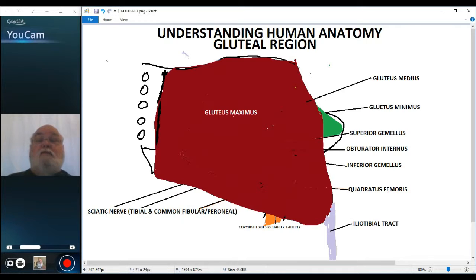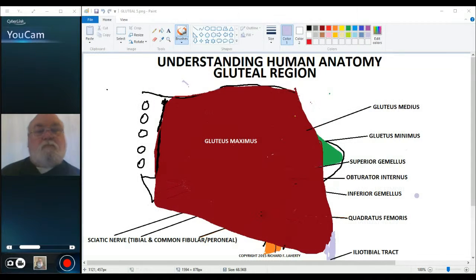And the gluteus maximus is a very strong extensor of the hip. It is a relatively weak abductor. Now, the iliotibial tract extends superiorly along the edge of gluteus maximus, all the way up to the ilium.